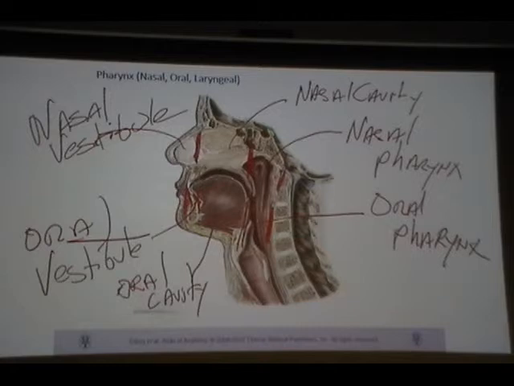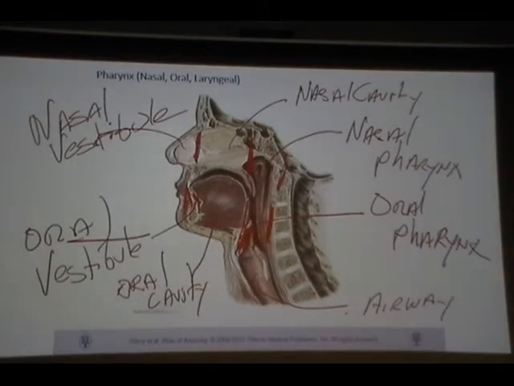Then we have this region here that's really between the tongue and this flap of tissue called the epiglottis over here. And this opening here is into what we refer to as the airway.